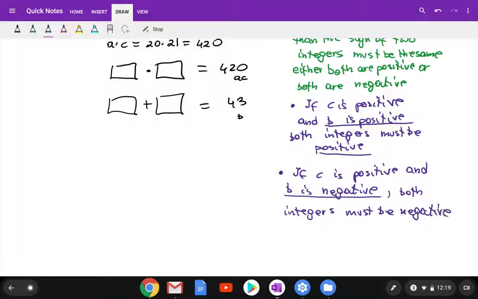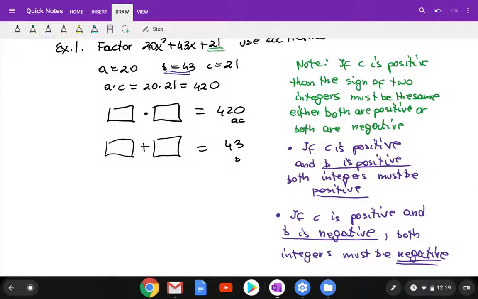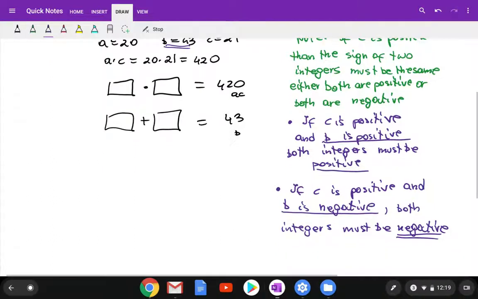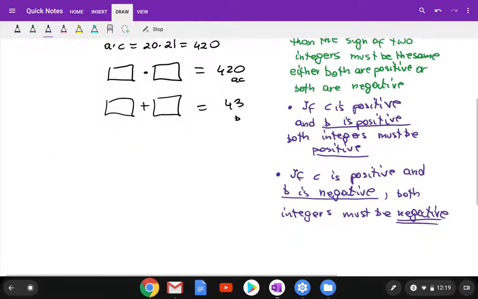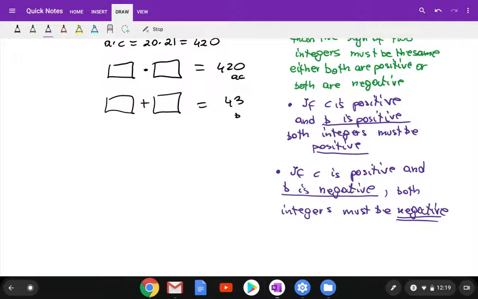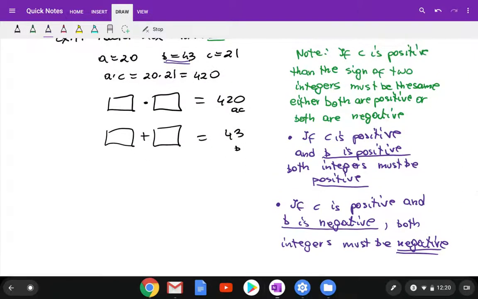So that note should help you, especially when you have huge integers, like here, product of AC is 420, to find the correct numbers. So we have this case right here. C is positive, and B is positive. So this is our example.